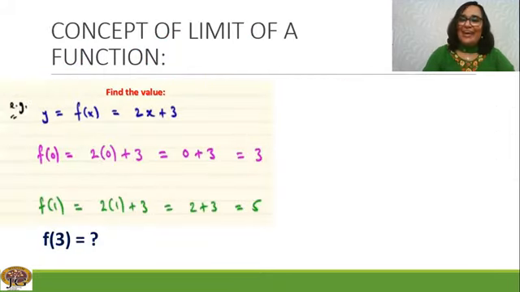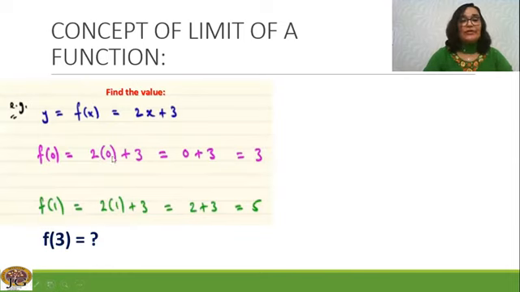So let's move ahead. You know that, or you've already done such types of sums. Let's suppose y is equal to f(x), and what is your function? 2x plus 3. Now you must know that if I take f(0), what you see in pink over there, and if I substitute the value 0 in this x over here, what answer will I get for the function?